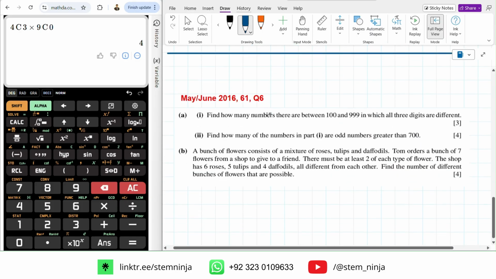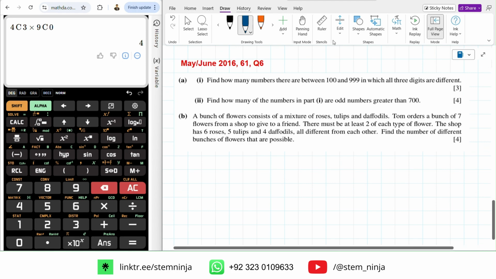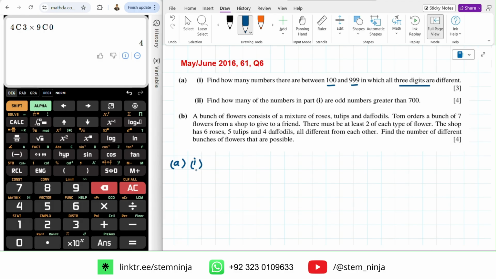Now let's see this question. Find how many numbers there are between 100 and 999 in which all 3 digits are different. Since we're making numbers, this is going to be an order problem, the permutations. So let's make the numbers over here.